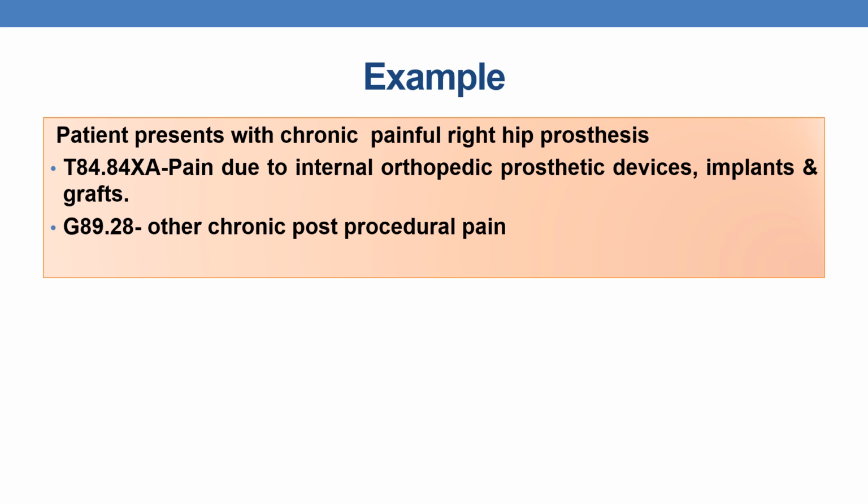A indicates initial encounter; here I did not mention it. T84.84XA indicates pain due to internal orthopedic prosthetic devices, implants and grafts, initial encounter, followed by other chronic post-procedural pain, G89.29.